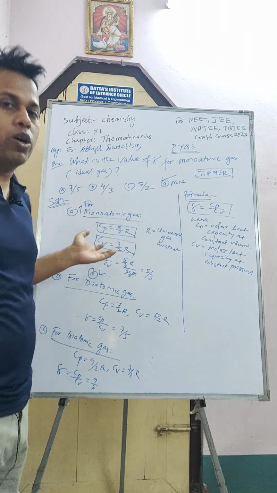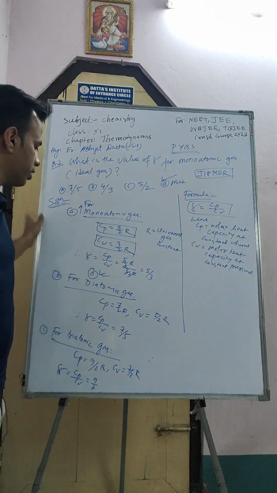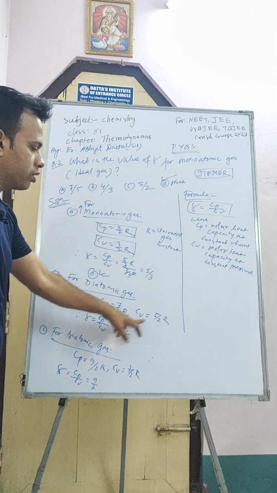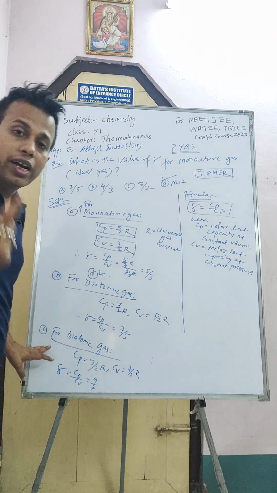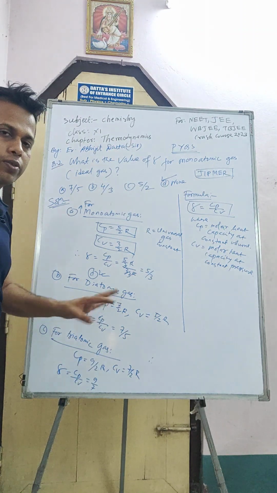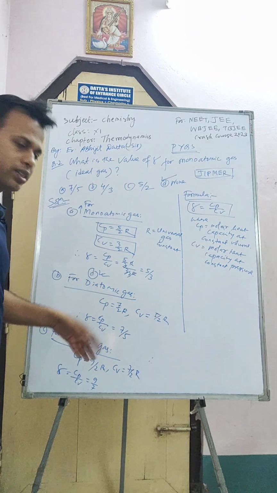Then in that case, what will we do? No need to worry. I already explained: for diatomic gas, Cp will be 7 by 2R, Cv equal to 5 by 2R. And if they ask for triatomic gas, then Cp will be 9 by 2R and Cv will be 7 by 2R. Then you find gamma easily, Cp by Cv.